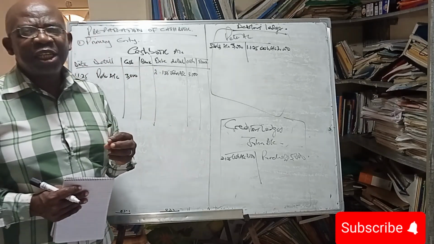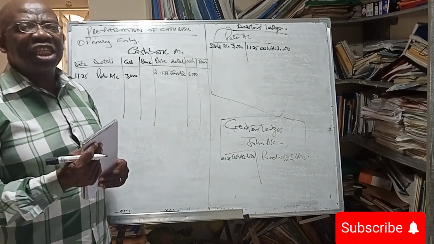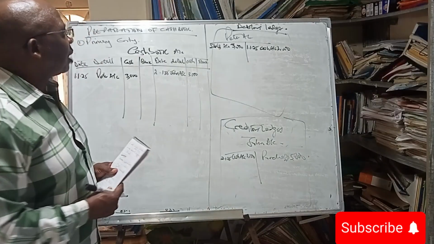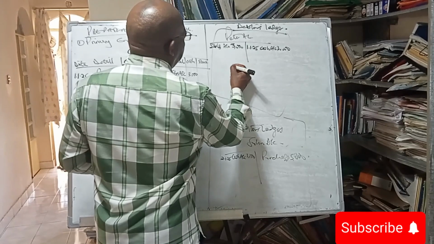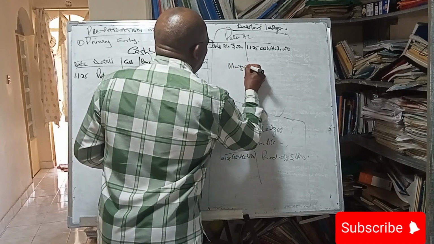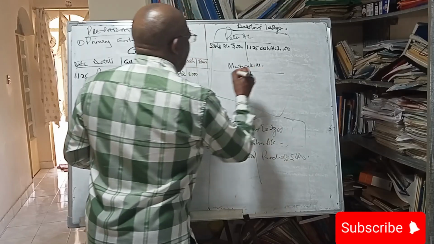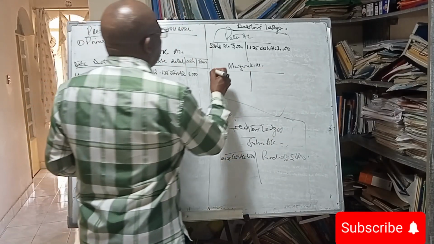Now, we record receipts of both cash and checks. Assume we have a customer called Mogoroki who came and bought from us.